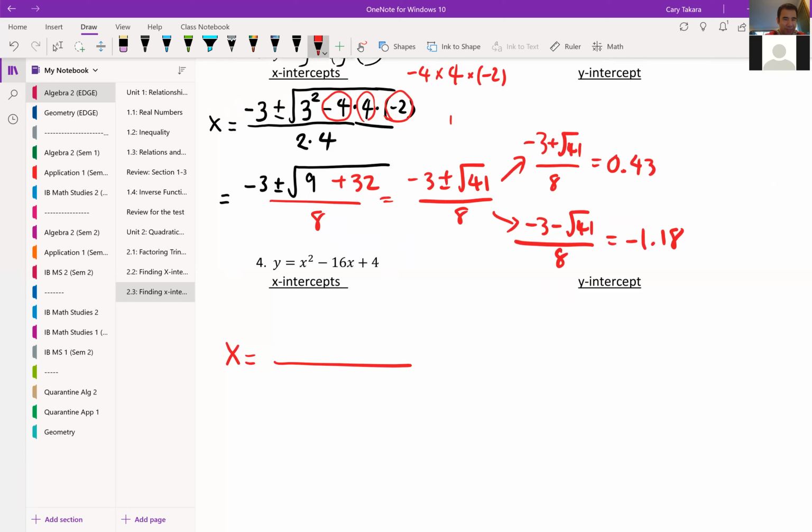So let's identify A, B, and C. A is 1. B is negative 16. And then C is positive 4. So first, let's plug in. Again, do you guys have the quadratic formula visible?